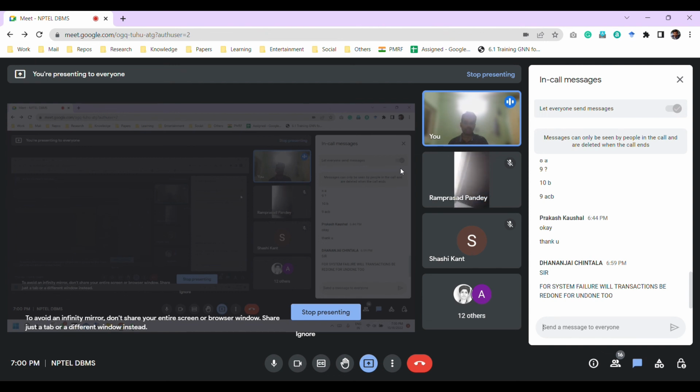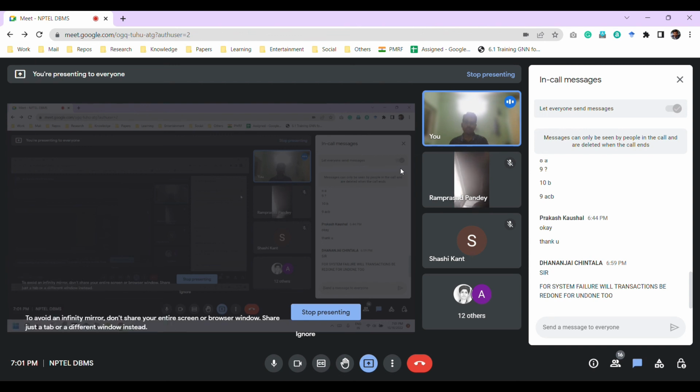If there is a checkpoint, like I have earlier told, then till the checkpoint the values will get stored. If there is a commit before failure, that will be committed to your database. If that is committed before the checkpoint, then we have to take no actions.